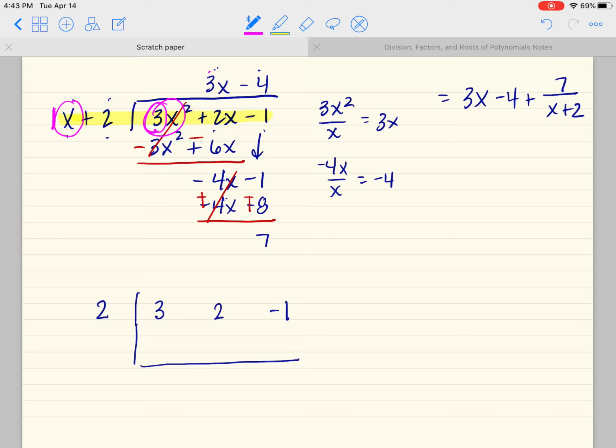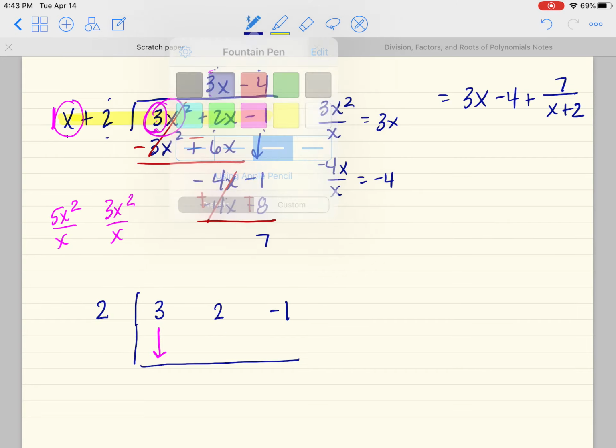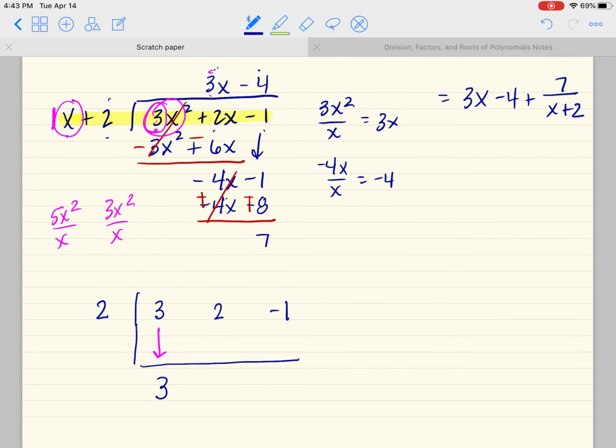Whatever the coefficient of this x squared is, it's got to be the same number here. So if it's 3x squared divided by 1x, I'm going to get a 3x here. If it was 5x squared divided by 1x, I would get a 5x here. So this number here is always the first part of my answer. So let's just bring this number down. Right under the box is now going to be my answer instead of on top of the box.